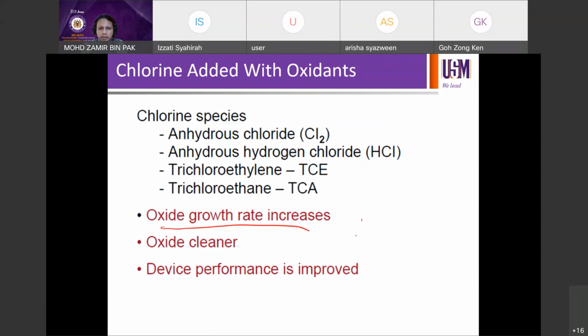So this species is also proportional to the growth rate. Oxide, right? Oxide cleaner, so it will clean the oxide from the mobile charges and to improve the device performance.